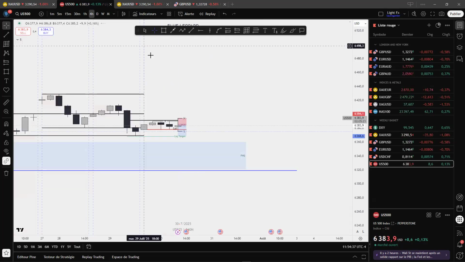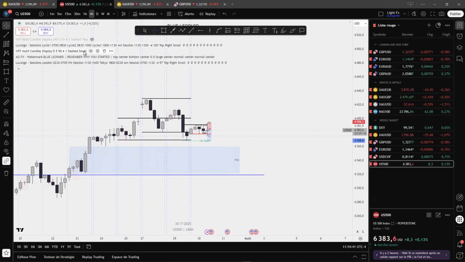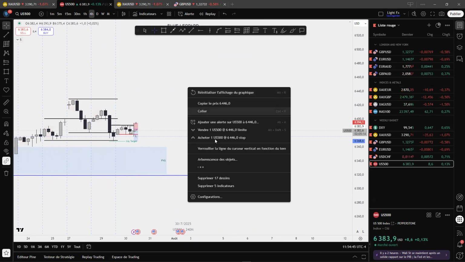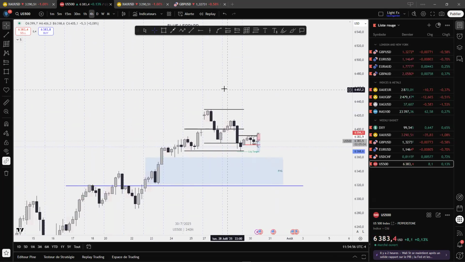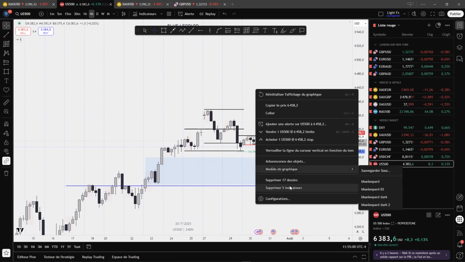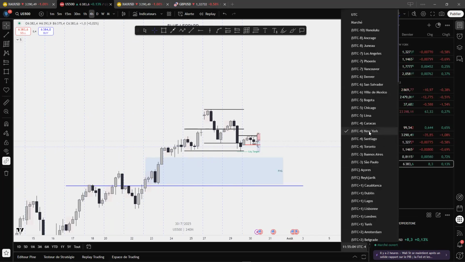When I drop on H4, I can profile my day. Remember, if you take the vertical line, you go on your settings, and inside event here, you can have the session breaks. When you mark that, it will divide every day. So now you have Monday, Tuesday, Wednesday, and you can mark your time according to the New York time zone.